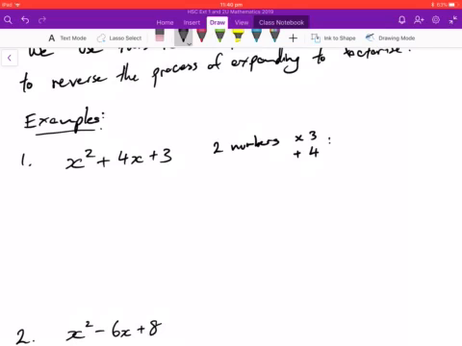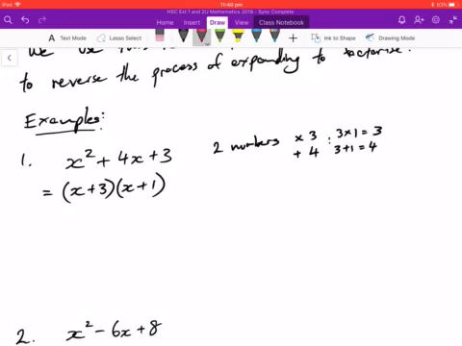Well, think about the factors of 3. In this case, it's a straightforward one. There's only 3 and 1. 3 times 1 is 3. That's good. 3 plus 1 is equal to 4, which means that that's also true. So I can simply write this as x plus 3, x plus 1. It's as simple as that.